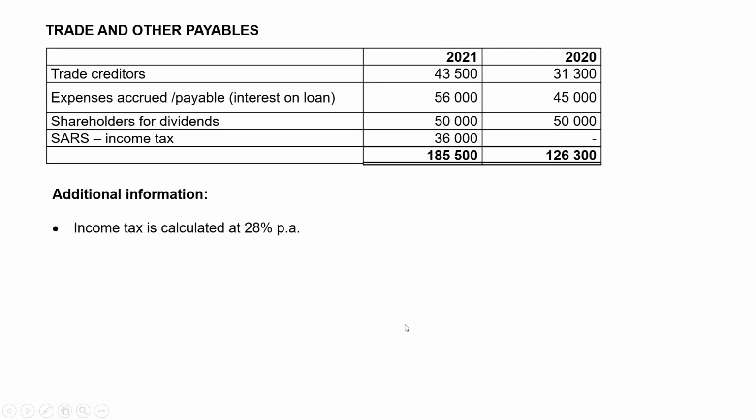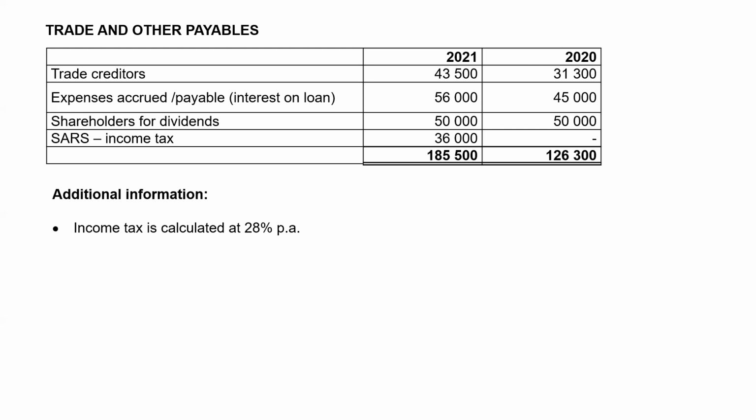Then it says trade and other payables. In trade and other payables, the only item you're going to look for is sales income tax. You'll realize that for the current year, sales income tax is in trade and other payables. So we are also going to show it without brackets. The only thing that we are missing here is the income tax expense that comes from the statement of profit or loss.